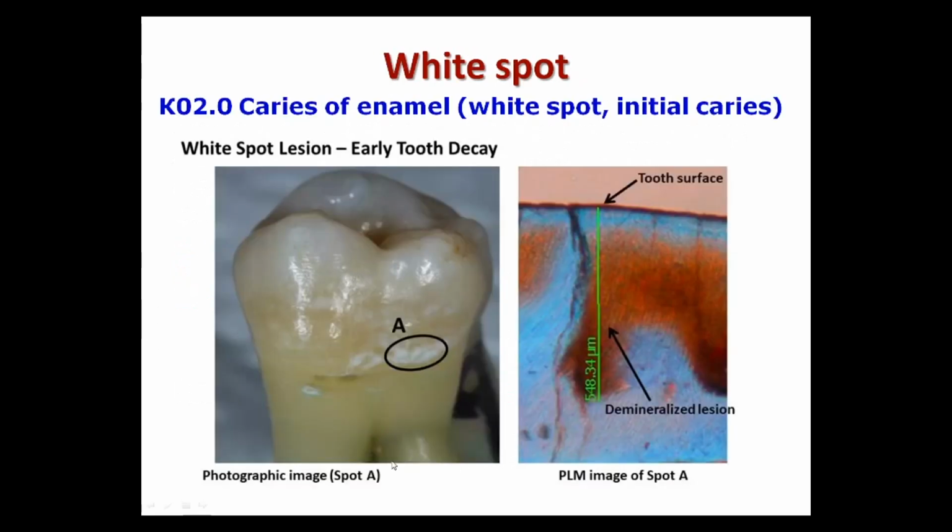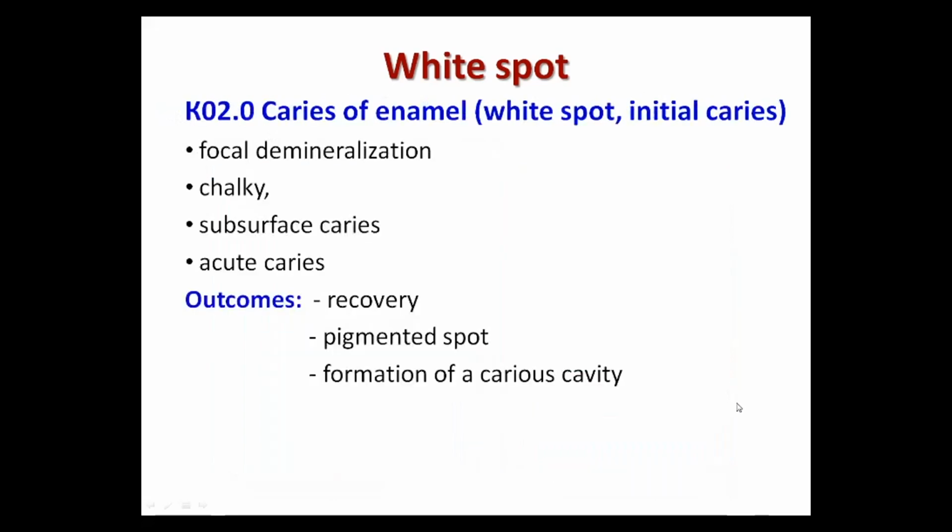And there are white spot lesion, early tooth decay. According to international classification, it corresponds to the code K02.0, caries of enamel or white spot initial caries.